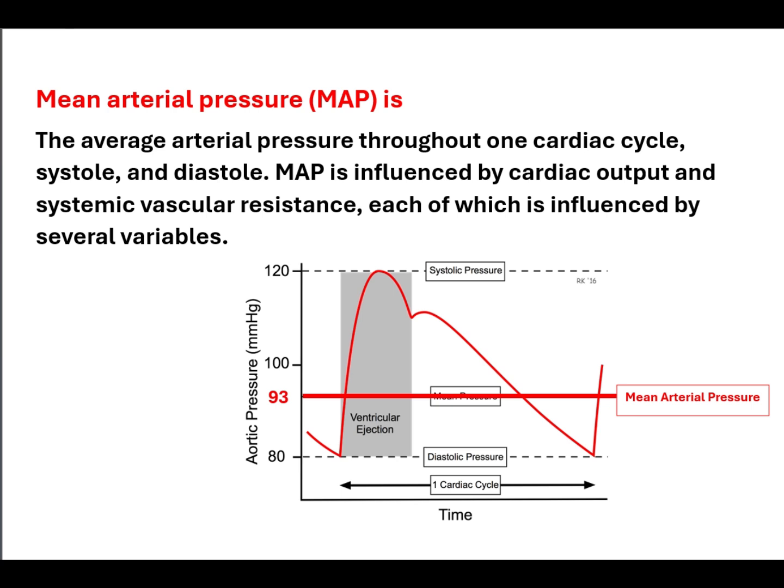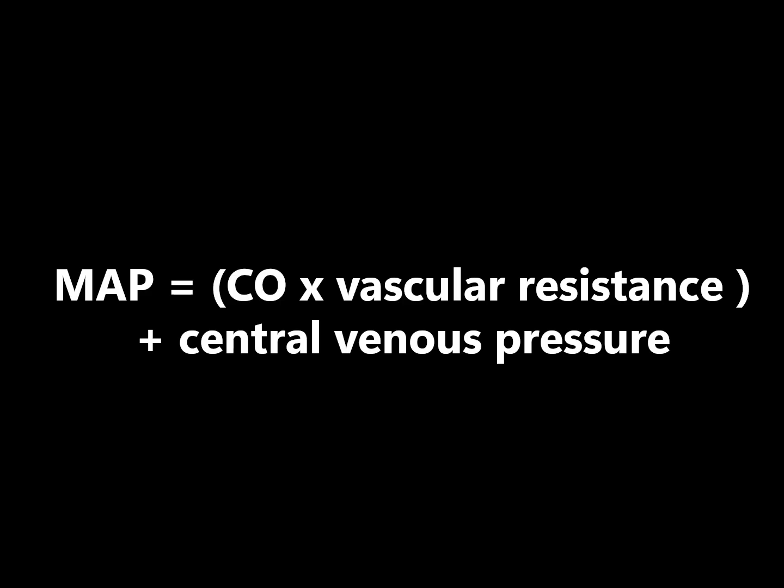Mean arterial pressure, MAP, is a measure of the average blood pressure in an individual during a single cardiac cycle. It is related to the systolic and diastolic blood pressure readings, but also accounts for the blood flow and resistance. MAP can be calculated by using the formula MAP equals cardiac output times systemic vascular resistance plus central venous pressure.